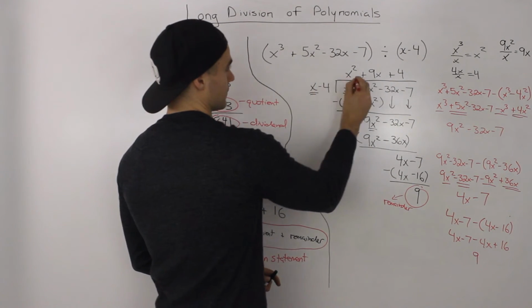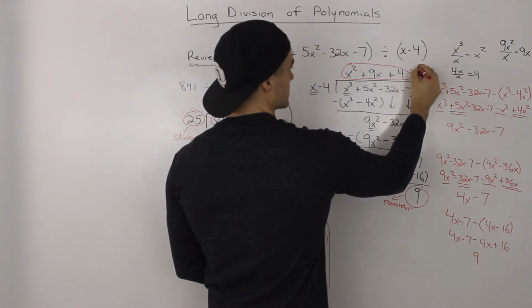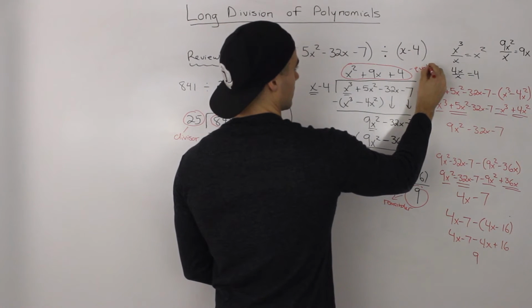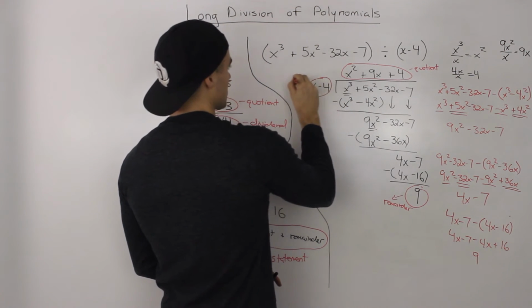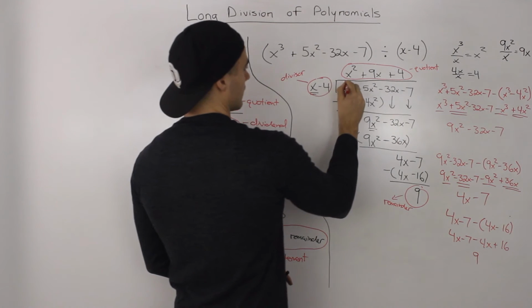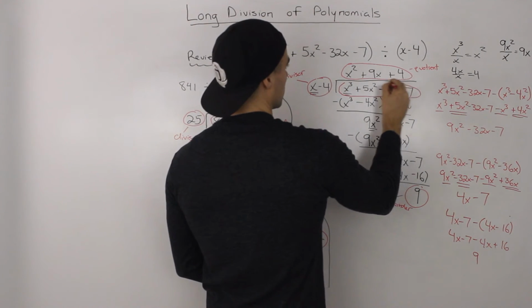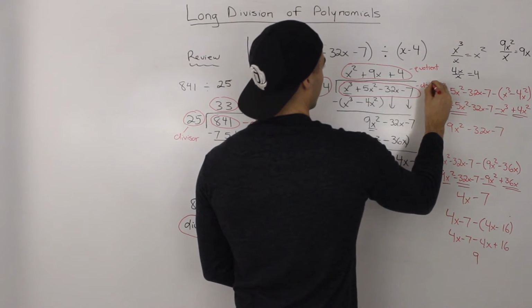Alright, so let's do a recap of what each part is here. So this here was our quotient. This part here was our divisor. And this part here was our dividend.